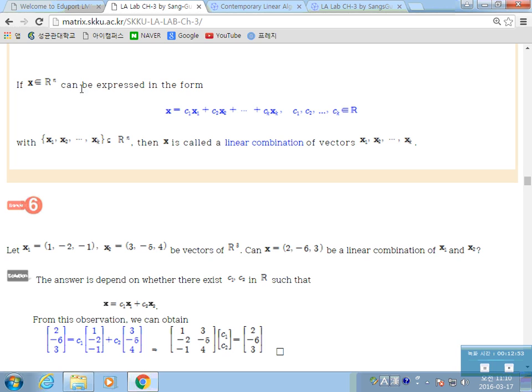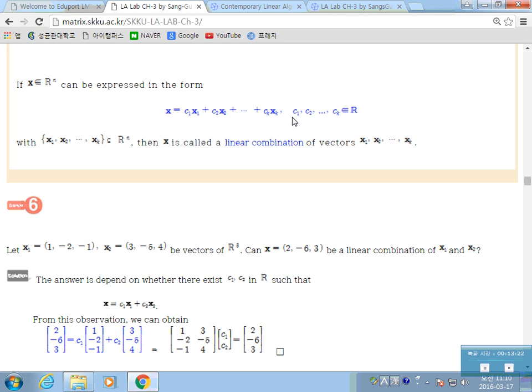If x in Rn can be expressed in the form like this, if x can be written as a linear combination of the x_i's with real numbers c_i, then we call x a linear combination of the vectors x_i.